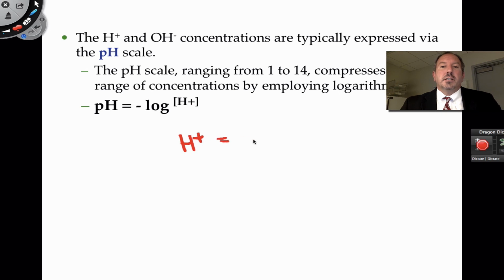If the hydrogen ion concentration is 10 to the negative 3, the pH would be 3. If it's 10 to the negative 9, which means there's not a lot of it, the pH would be 9. That means that it's alkaline, while the other would mean that it's acidic.